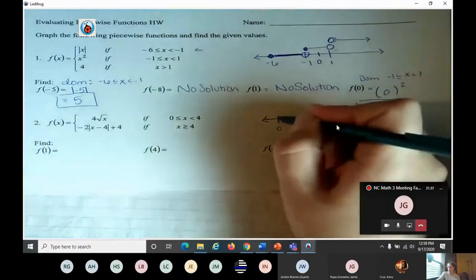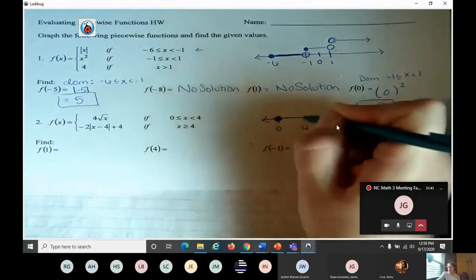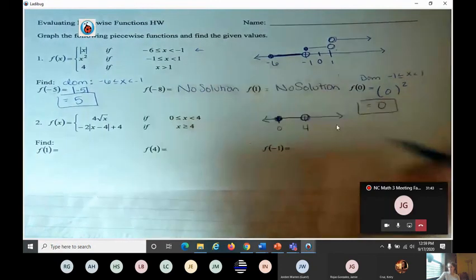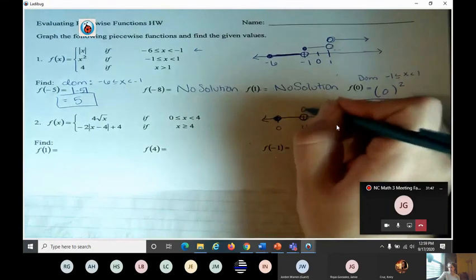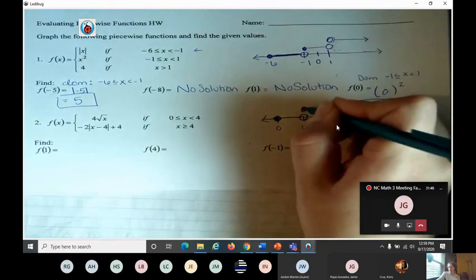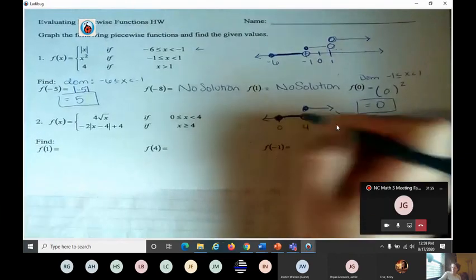So this first section includes 0, and then goes up to 4, but does not include 4. And then the second section does include 4, and it's all the numbers bigger than or equal to 4. Okay, so those are our 2 domains. This one right here, and this one right here.